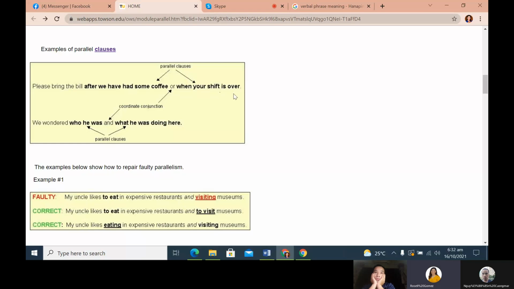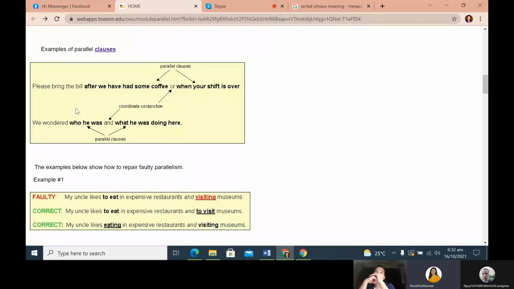Okay? So you have two options when to bring the bill. You can bring it after we had some coffee, or you can bring it when your shift is over. So we are using two subordinate clauses. That is why this sentence is parallel. It has similar construction. Do you understand the sentence?